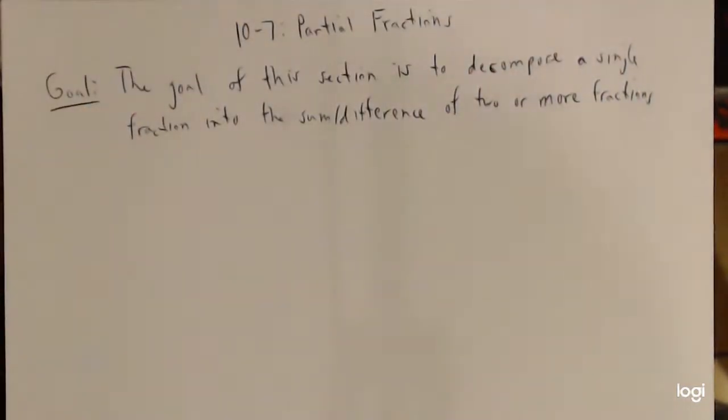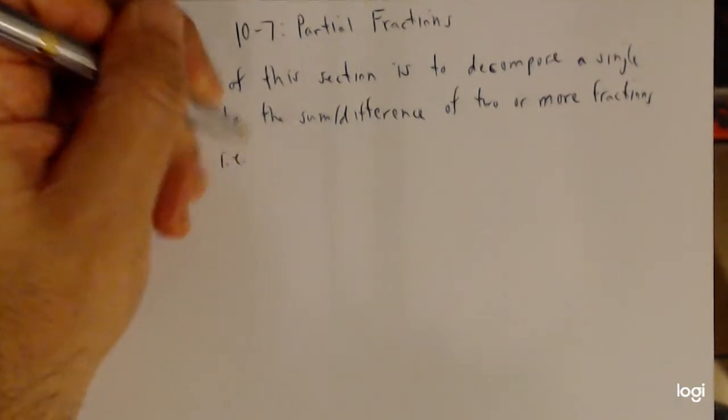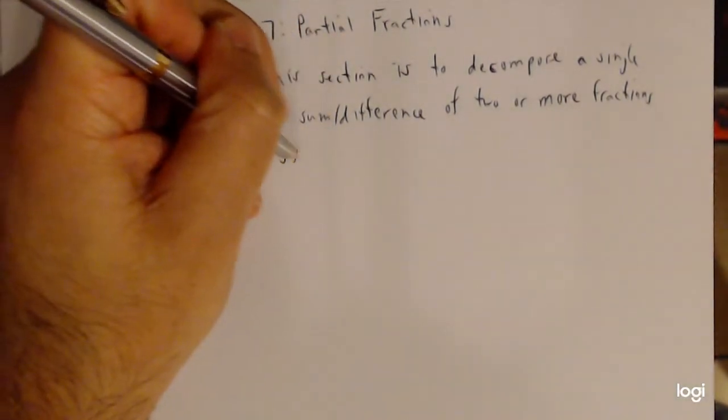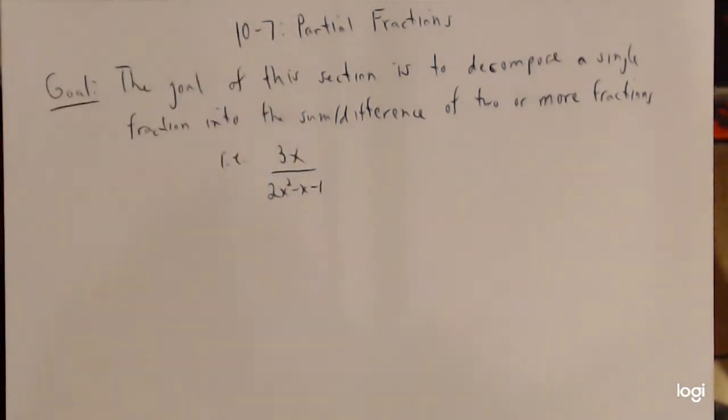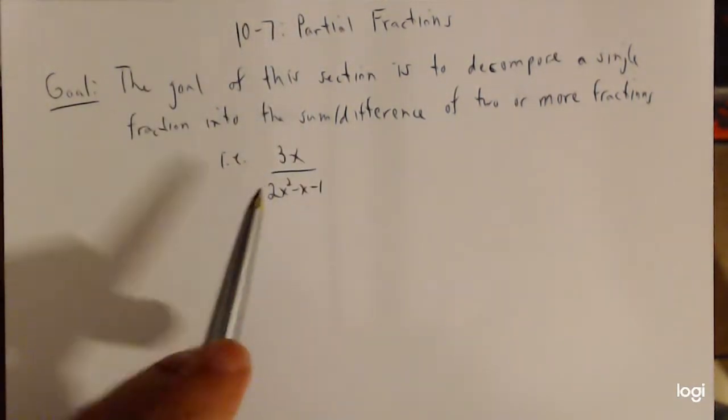So an example of this would be if I give you a fraction such as 3x over 2x squared minus x minus 1. So I give you this rational function.